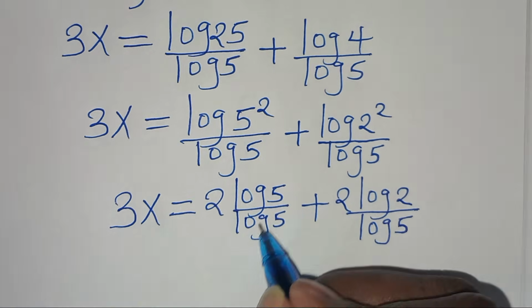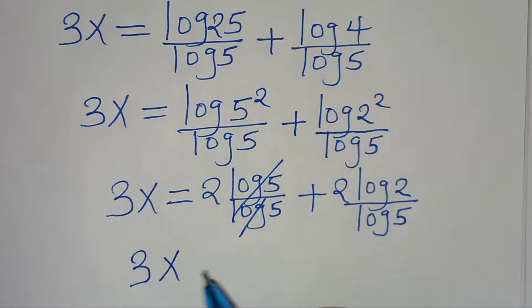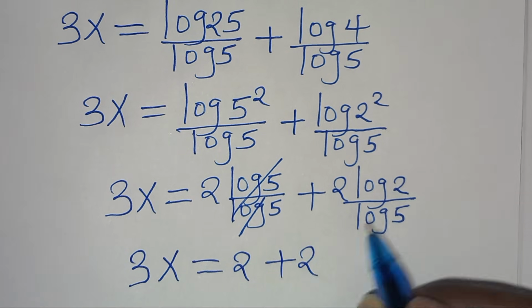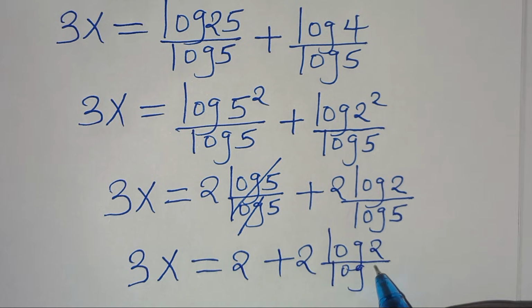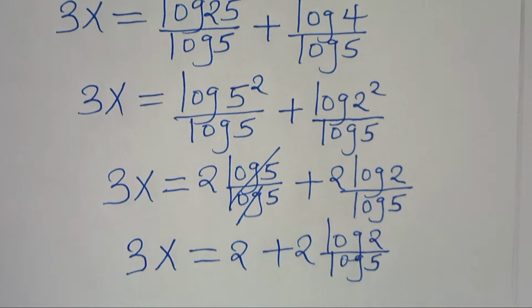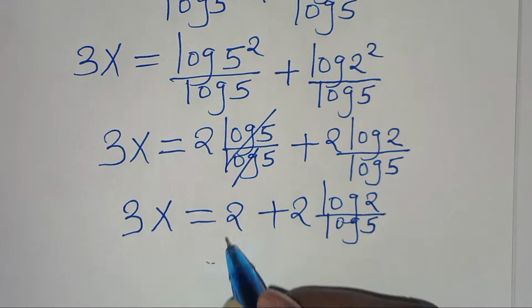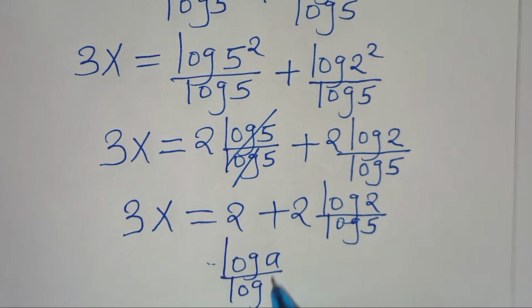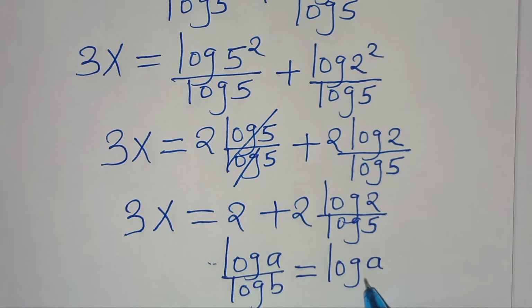Now, let's simplify log 5 and log 5, so that now we have 3x. This is equal to 2 plus 2 log 2 divided by log 5. Now we have that log 2 over log 5. This is in the form of log a divided by log b, which we can express as log a to base b.